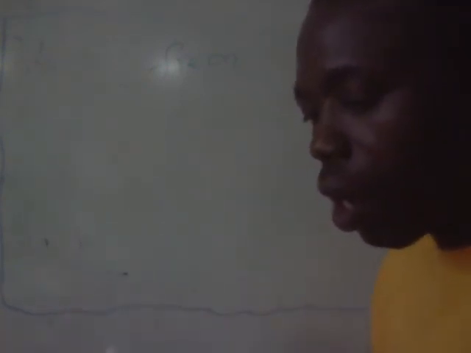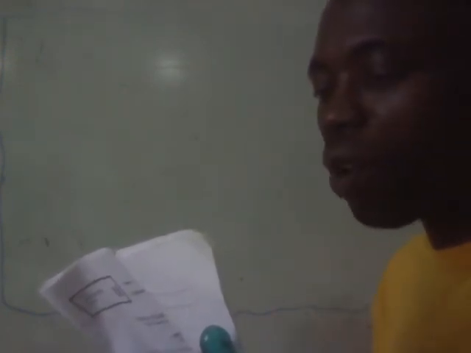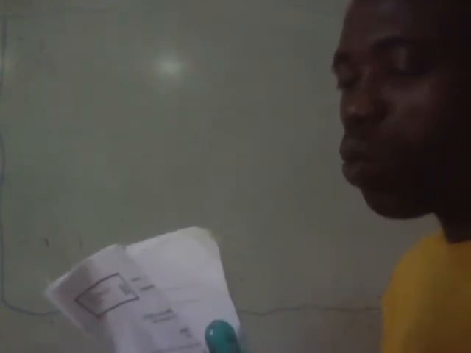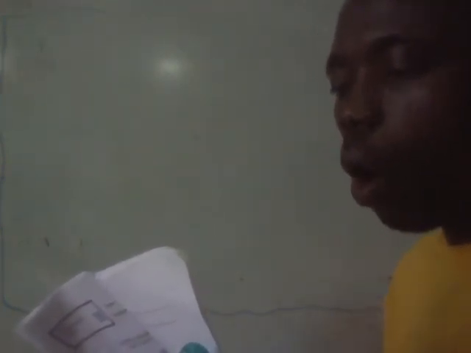Number 59 is a calculation question. Let's see how far we can go. 59. What quantity of current in amperes will deposit 5.4 grams of aluminium in 8 hours during electrolysis?